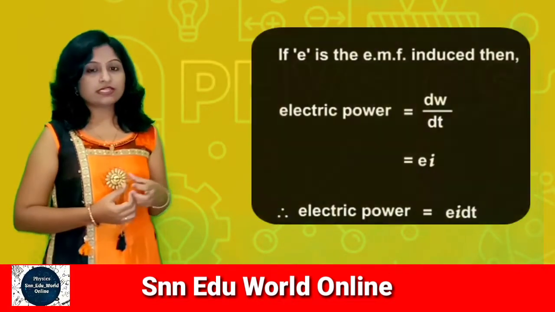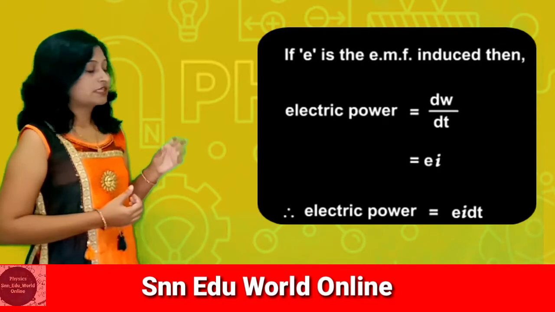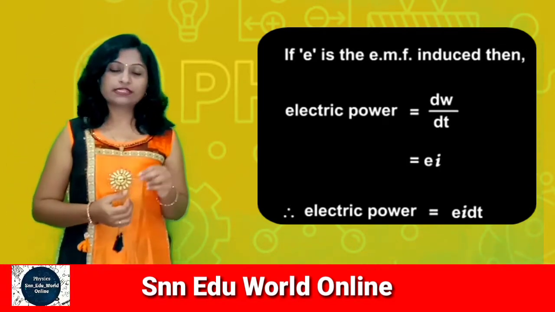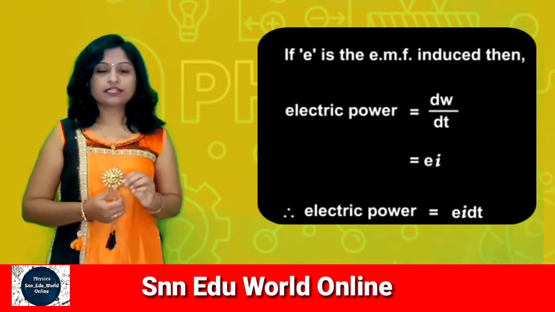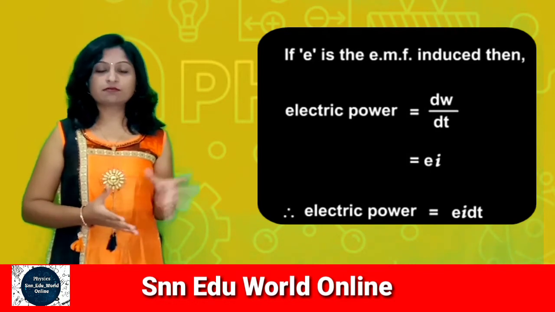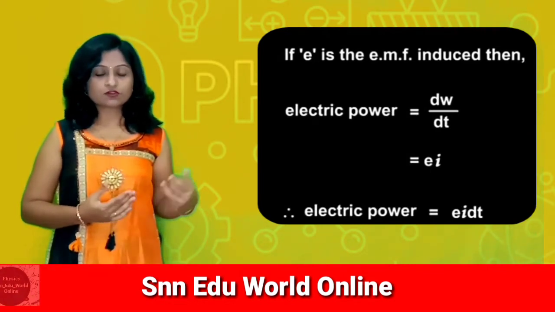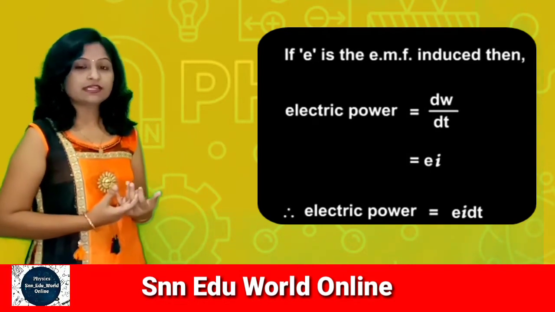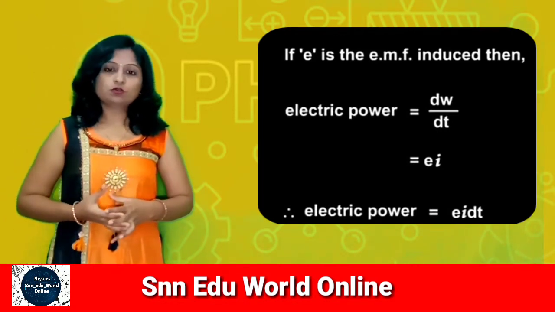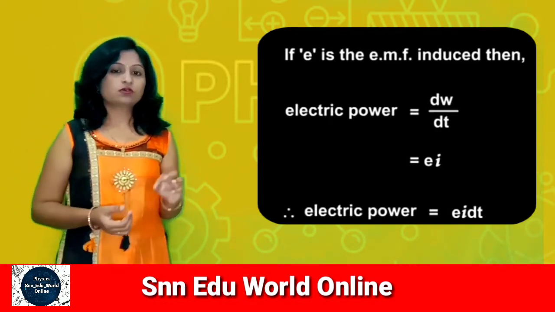Since EMF is induced in the coil, electric power is given by dW by dt. Rate of change of work done with respect to time is power. So this power is given by EMF into current I, E into I.